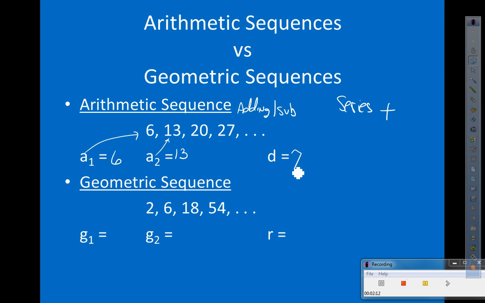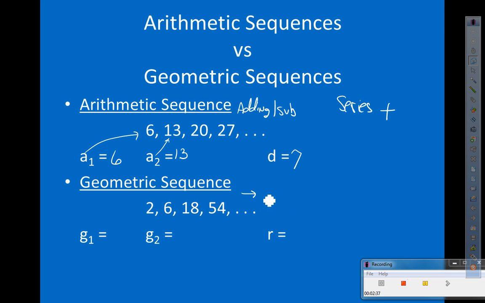Now notice this sequence: going from 2 to 6, 6 to 18, 18 to 54. You could assume it's arithmetic. But to do that, 2 plus something is 6. That something must be 4. If I added 4 again, I'm not at 18, so it's definitely not arithmetic. So it's geometric.